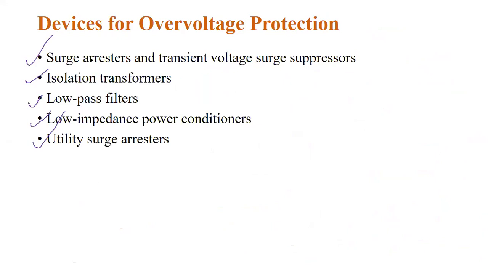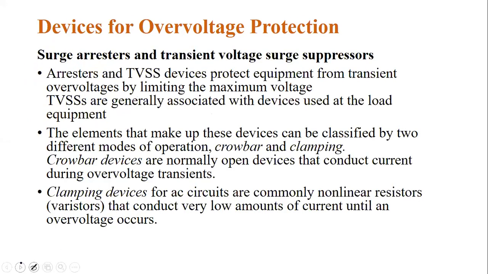Now surge arrester is nothing but a surge diverter. It can provide a low impedance path to the surge current and divert the surge currents to the ground. That is the functionality of the surge arrester.